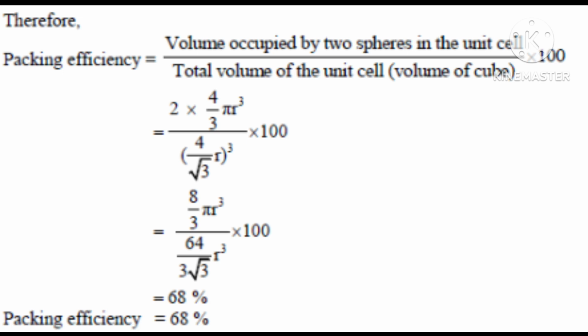Here the only difference is that the diagonal is crossing through the body, not on the face. All three spheres are diagonally arranged and one is in the center of the cube, that is the body centered.